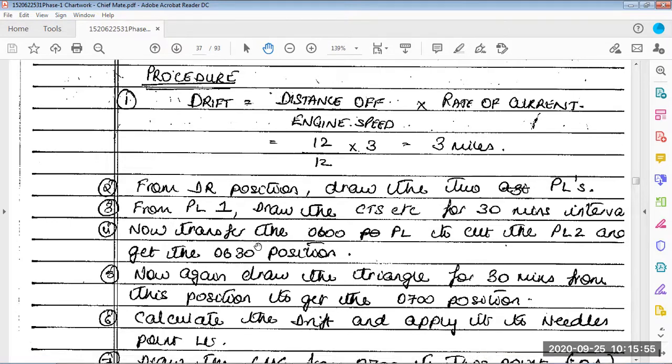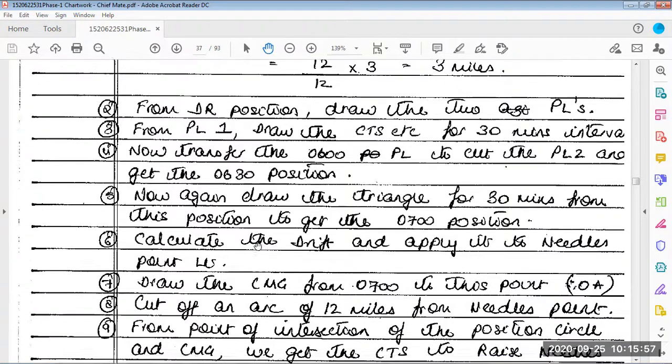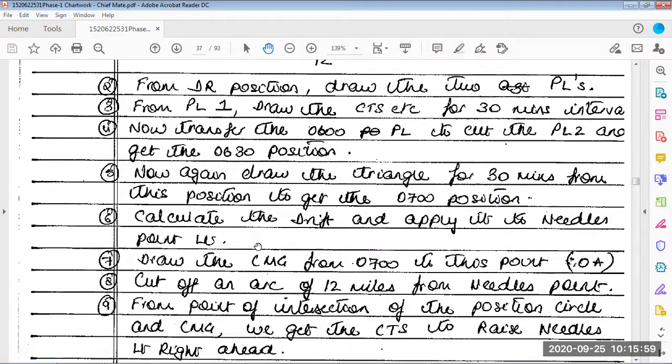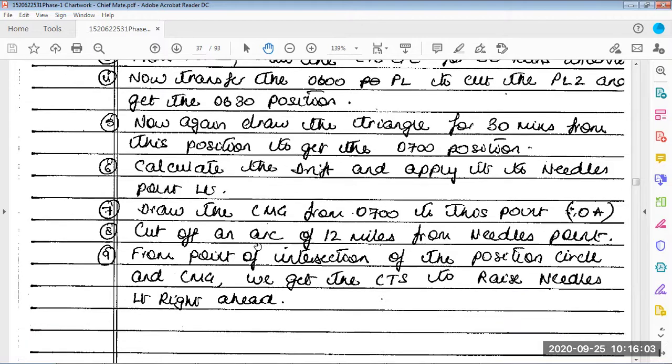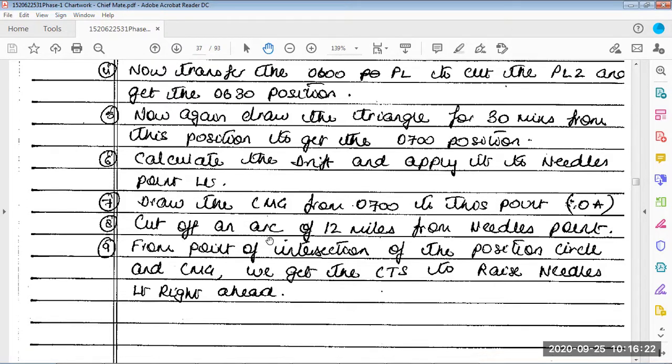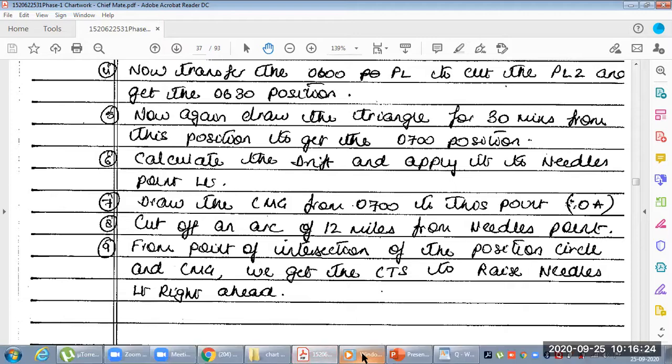From here, we transfer the triangle for 30 minutes and we get the 0700 position. From here we calculate the drift and apply to Needles point, and from there, draw the course made good from 0700 to this point and cut off the arc of 12 miles from Needles point. From the point of intersection, we get the course made good and we get the course to steer to have the Needles light right ahead. So just see the question.